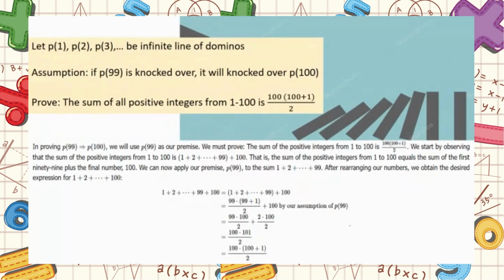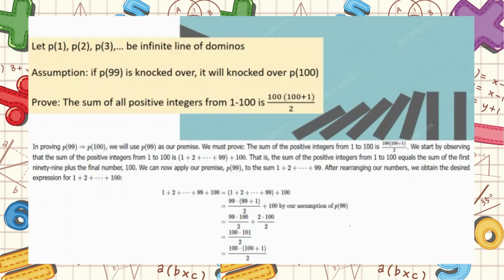Then let us have this assumption. If P of 99 is knocked over, it will knock over P of 100. Then P of 100 will knock over P of 101 and so on.